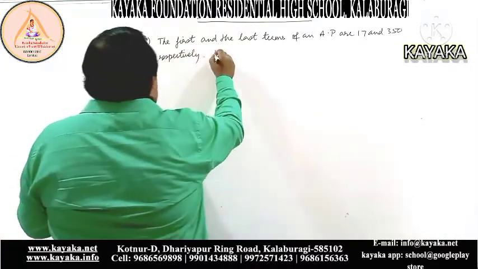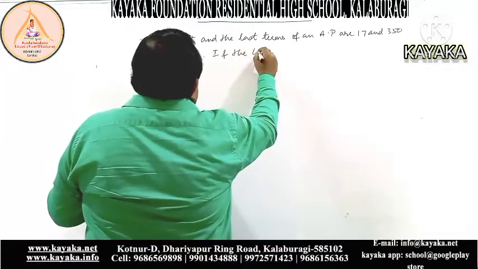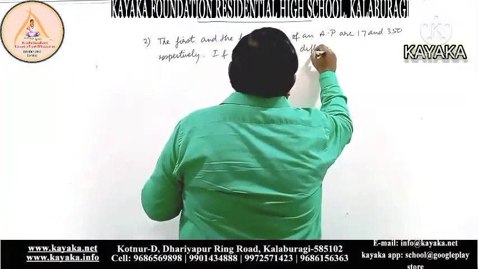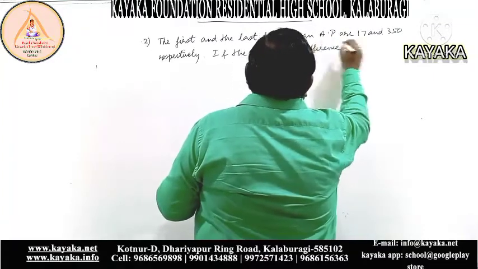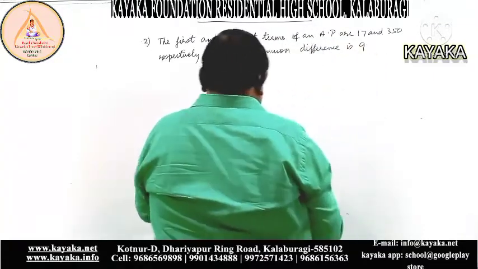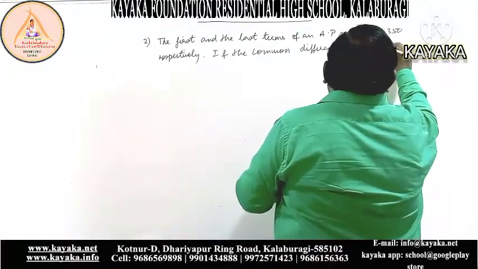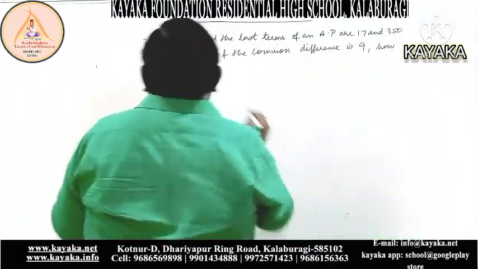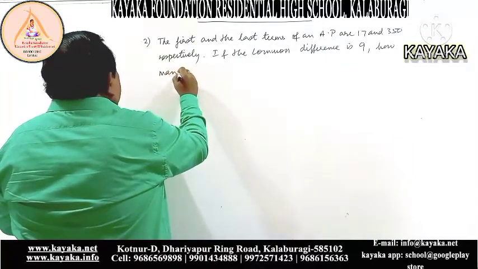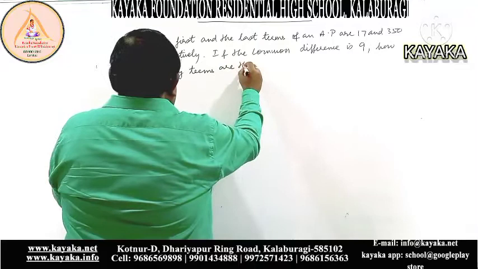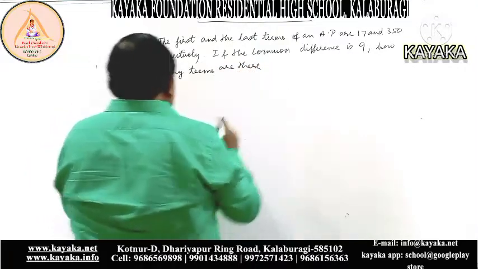If the common difference is 9, how many terms are there? How many terms are there and what is their sum?